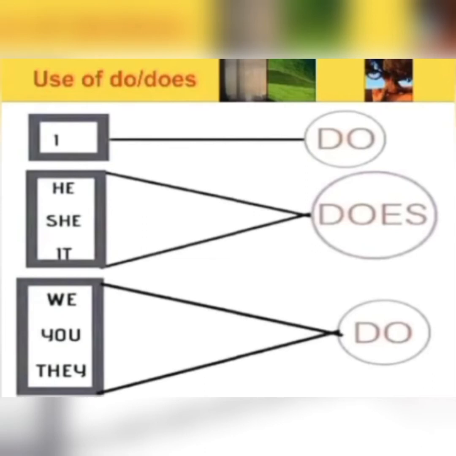Let's see which subjects take these two verbs. I, we, you, they, and the plurals take the auxiliary verb do. And all the singulars, he, she, and it, take the auxiliary verb does in the present tense. They both express the present tense.